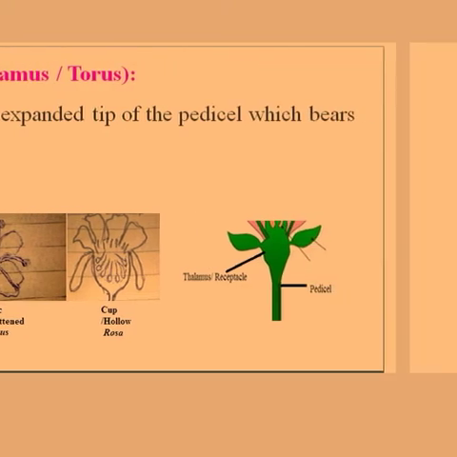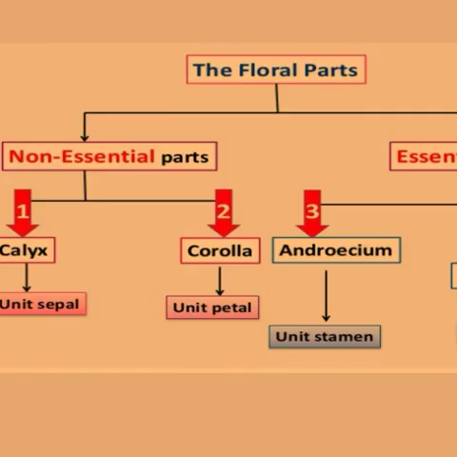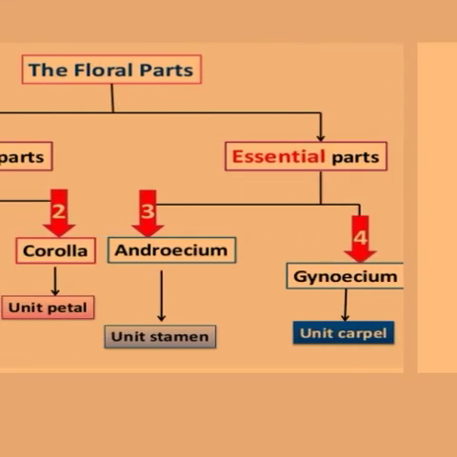So the main is the pedicel. On the pedicel, the thalamus is situated. So in any flower, there are some non-essential parts and some essential parts. The non-essential parts are the accessory whorls, and then the essential parts.